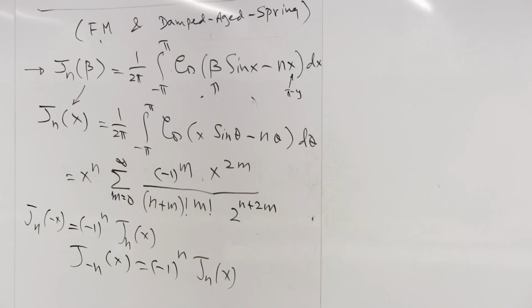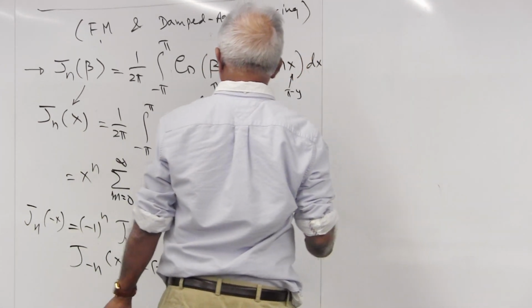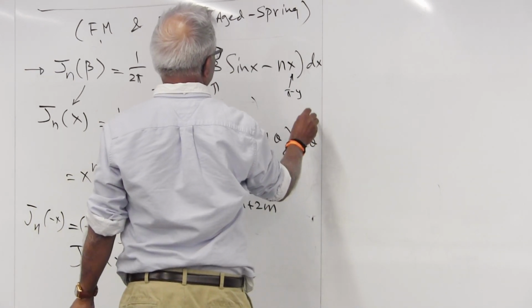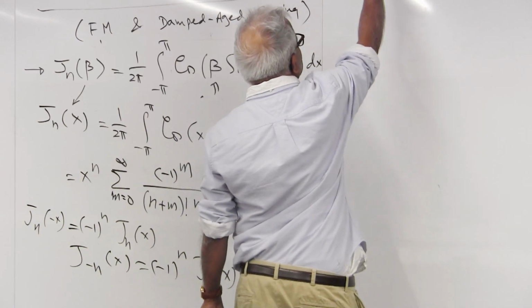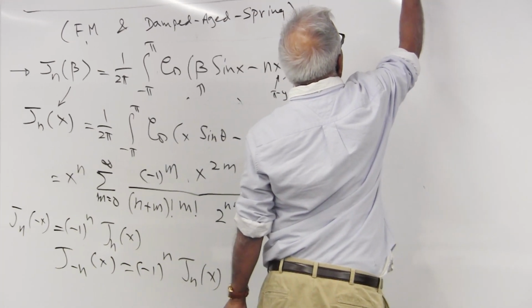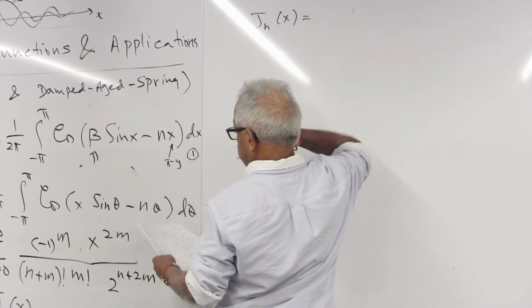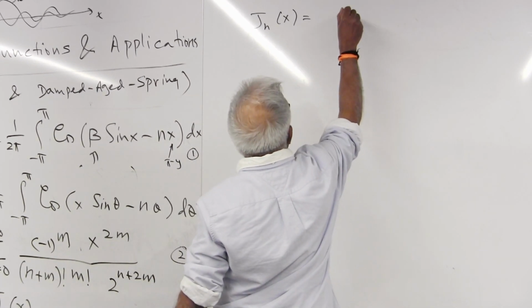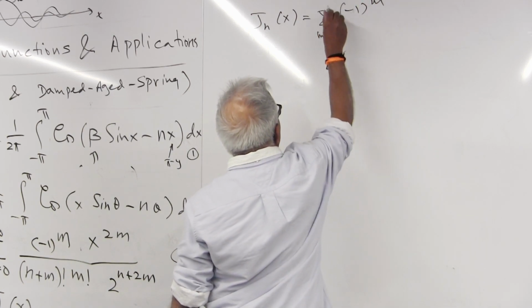And for that, we'll take the derivative of the Jn with respect to x, of course. So we'll use this expression. So I'll copy it here. Jn of x is minus 1 to the power m, summation m equal to 0 through infinity.